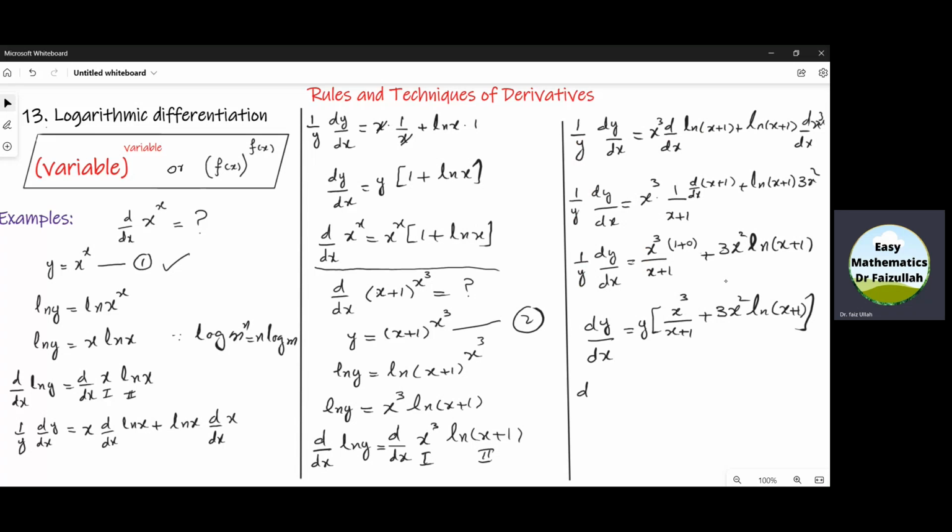So we have d by dx of (x + 1) whole power x cube equal to (x + 1) whole power x cube into [x cube divided by (x + 1) plus 3x square log of (x + 1)], and that is the required solution.